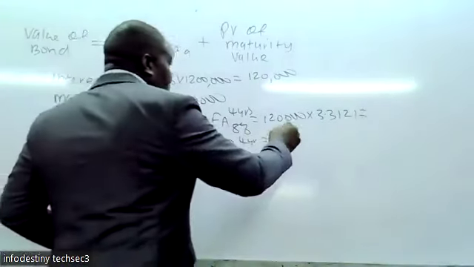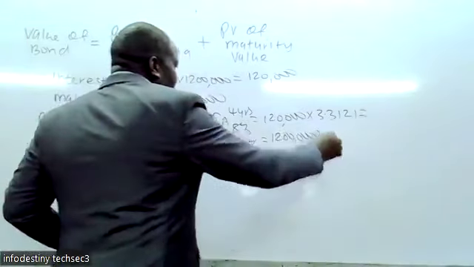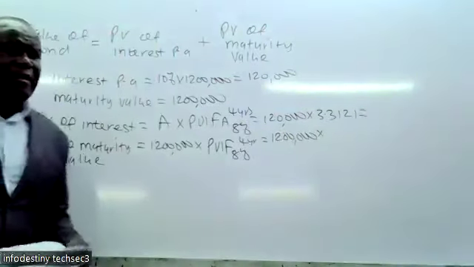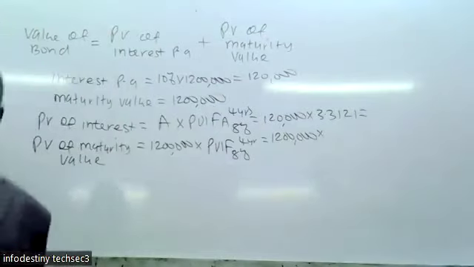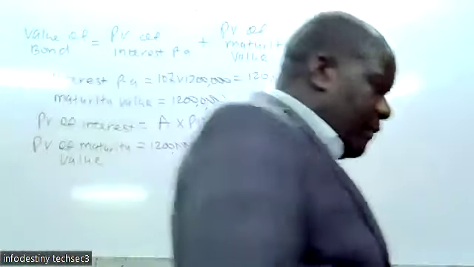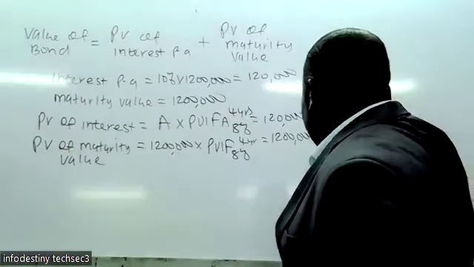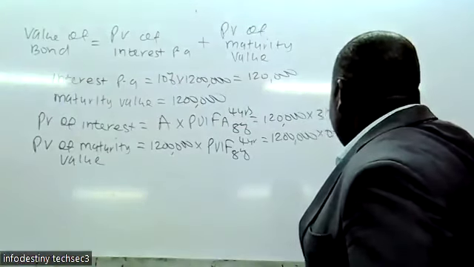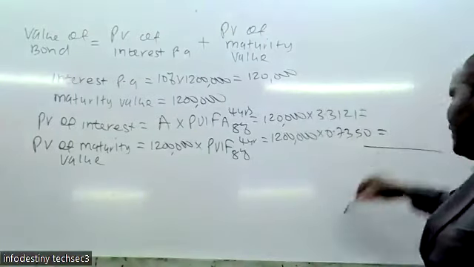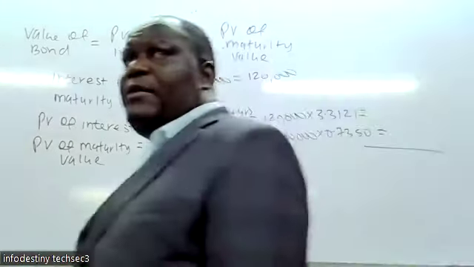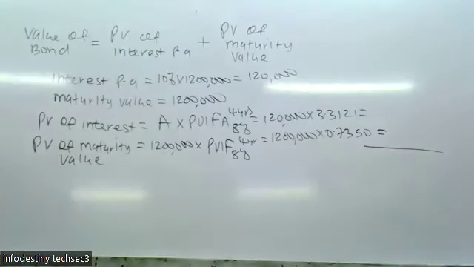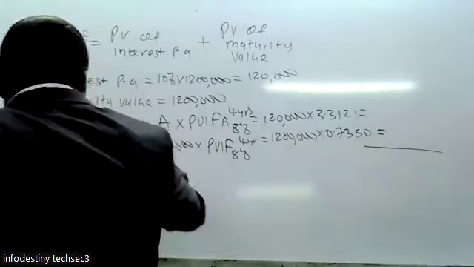Confirm 8% for 4 years. In the other table, it is 0.7350. So add those two figures together, and they will give you the value for the bond.